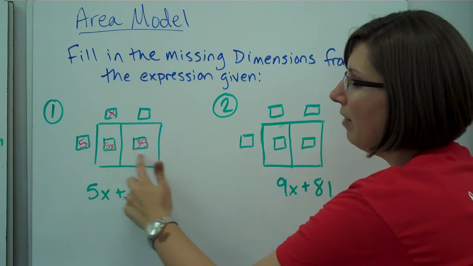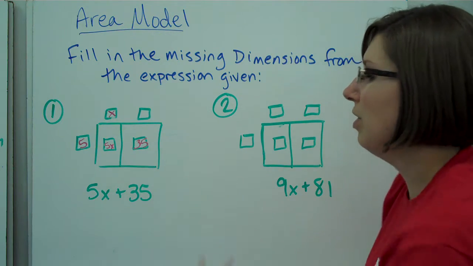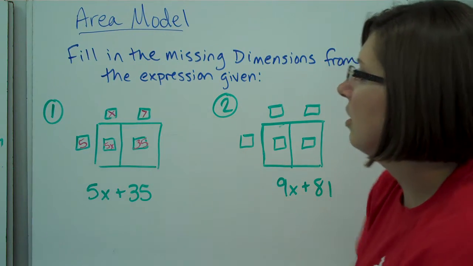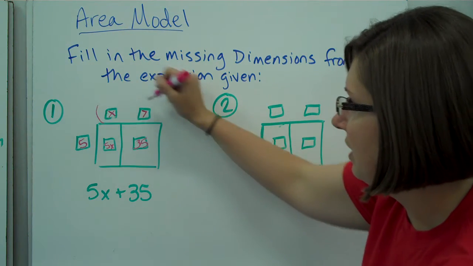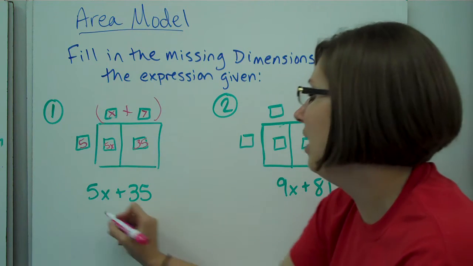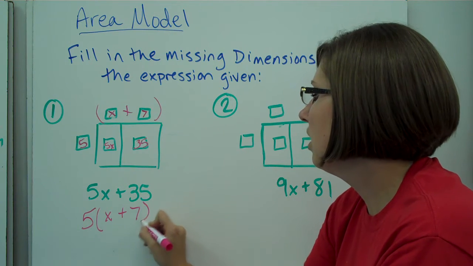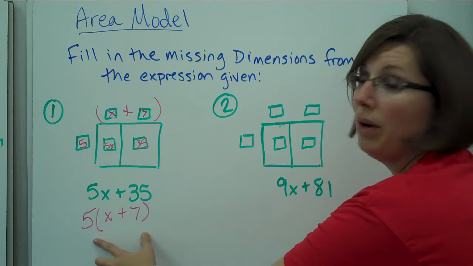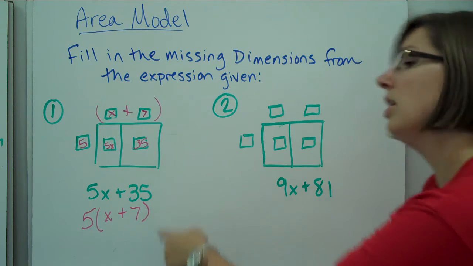Well, I've already got 5 written here, so the only number that I can multiply by 5 to give me 35 would be 7. So that's got to be what goes inside the parentheses, and that's got to be what stayed on the outside. So this, what I wrote in pink, is the factored version of this expression.